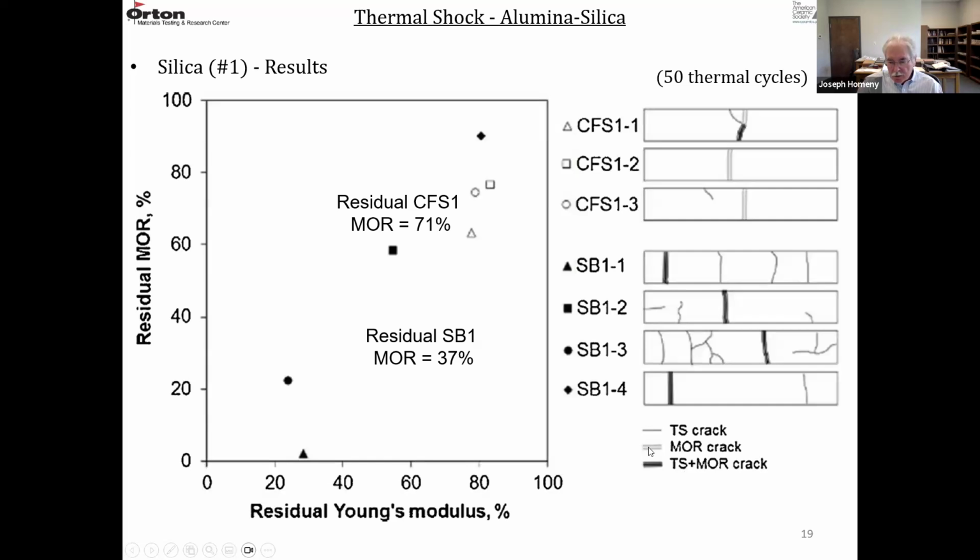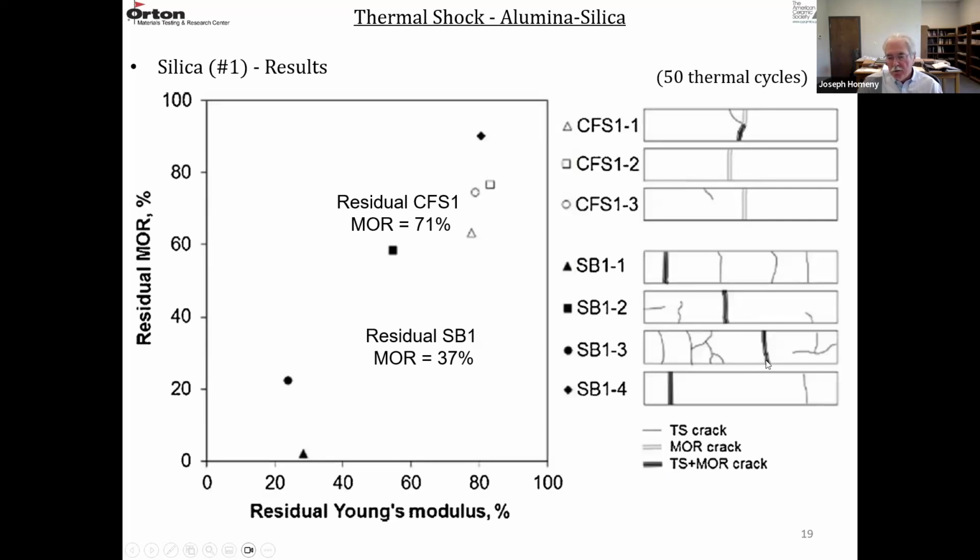And the double line is where the MOR fracture took place if it wasn't at a crack. If it's a solid line, it was at a thermal shock crack, and it was also where the material fractured during the MOR test. So there was a crack present here, and that's where fracture took place. These have hardly any cracks visible, and that's where the failure took place in the MOR three-point bending. You can see it's pretty much in the center.